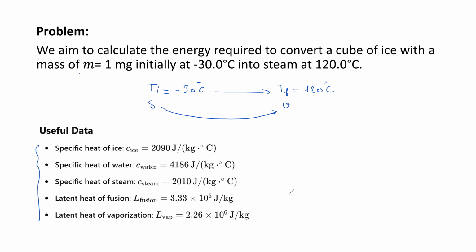If you pass from liquid to solid or from solid to liquid, we use L fusion. If you pass from liquid to steam, we can say vapor, or from vapor to liquid, we use L vap. I will explain.